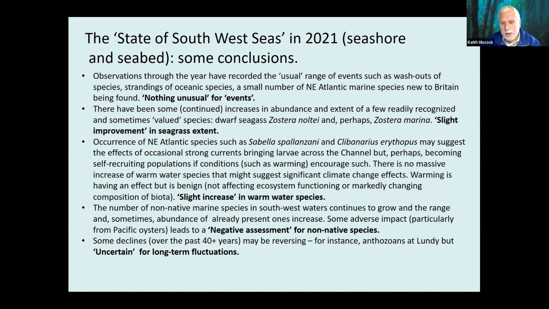Non-native species is one of the scoring factors for assessing good environmental status. And if you take away non-native species from that scoring assessment, I think you might find that everything's a bit steady as she goes. But again, criticize me with your evidence if you disagree.